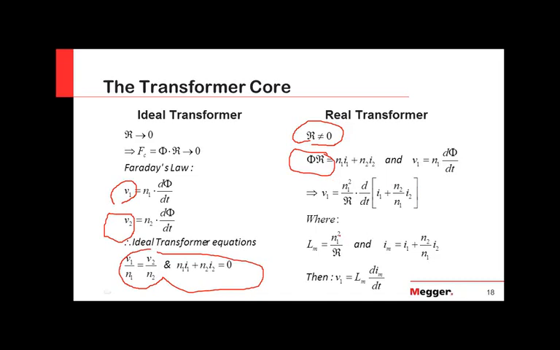From here, you can clearly derive the magnetizing inductance and the magnetizing current for this real transformer. In this case, we can clearly see now that voltage is directly related to the magnetizing inductance and the magnetizing current.